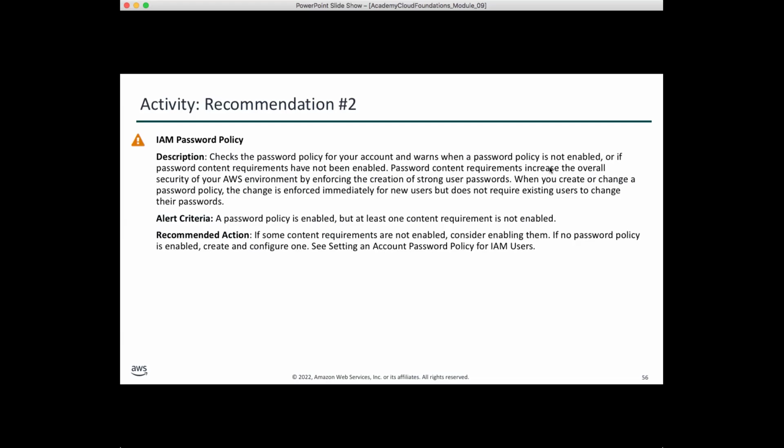Password content requirements increase the overall security of the AWS environment by enforcing strong user passwords, something like that, right? It's about the IAM password policy.